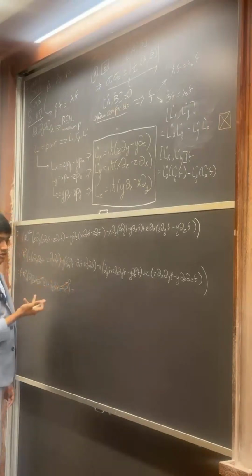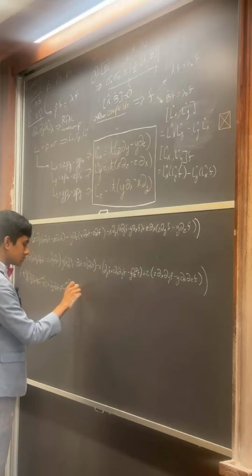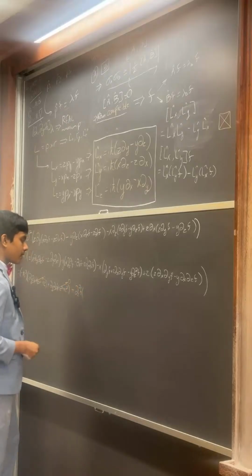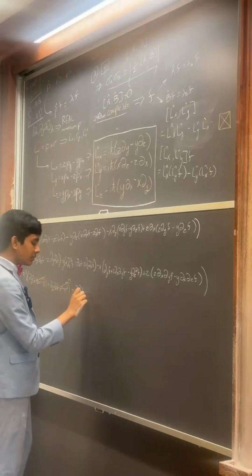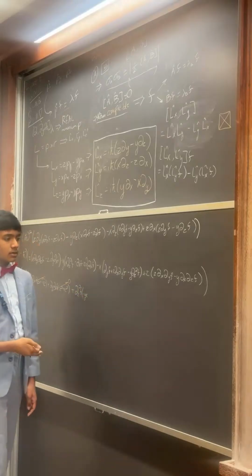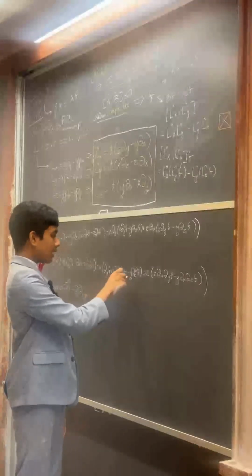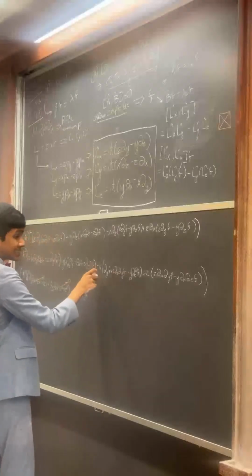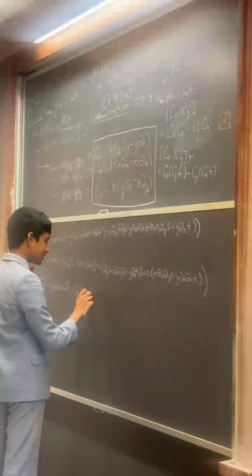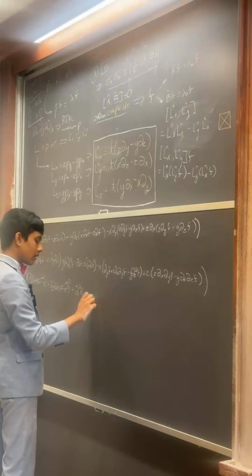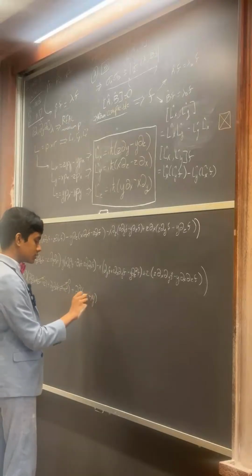Then we have partial y squared f. The coefficient in front of it is minus yx. The other coefficient in front of it is minus x times minus y, which is positive xy. So this also goes to 0.